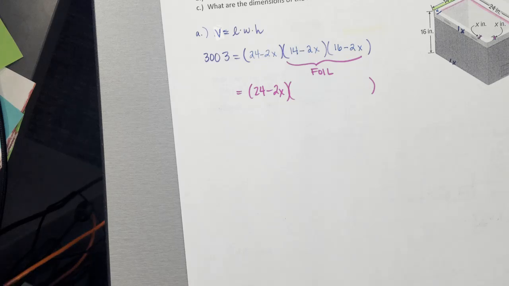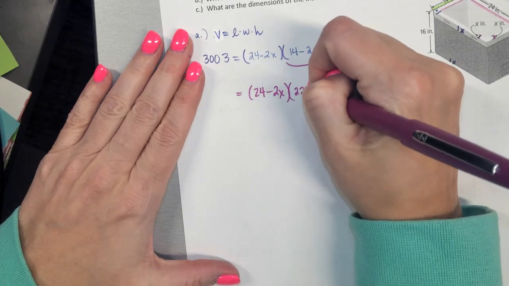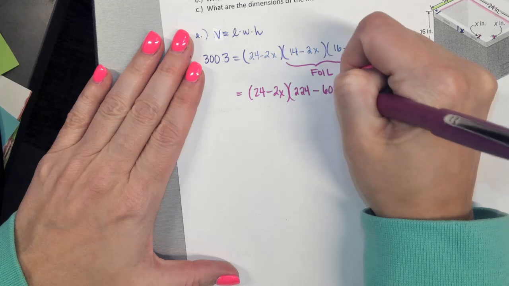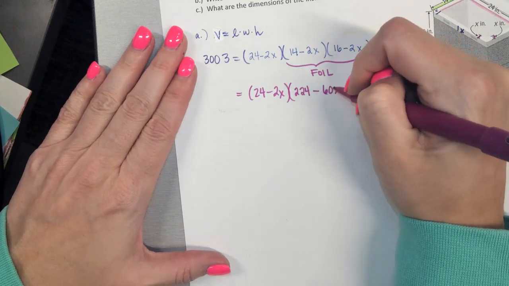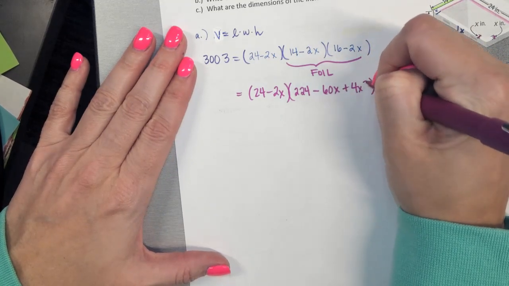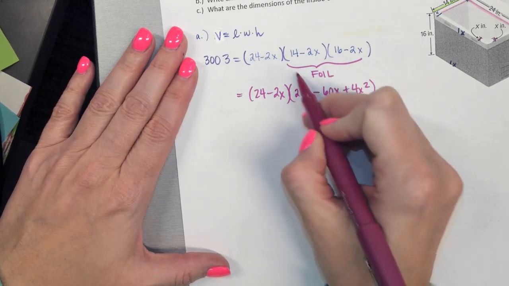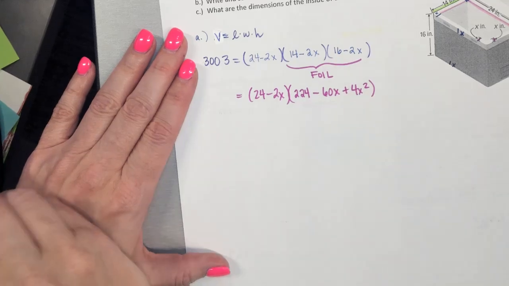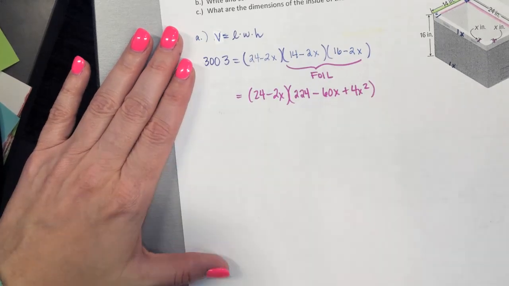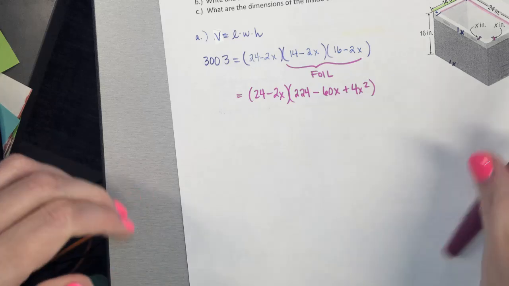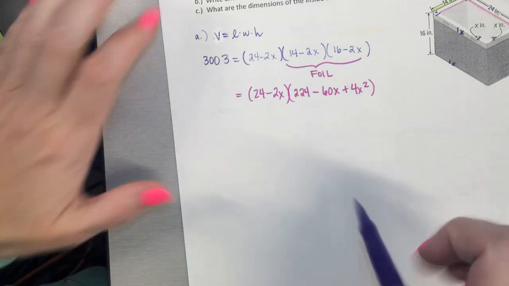All right, let's see what we got. We should have gotten 224, and then you combine to get negative 60x plus 4x squared. So 14 times 16, negative 2 times 16, negative 2 times 14, add those together. Negative times a negative is going to be a positive. Now we distribute.